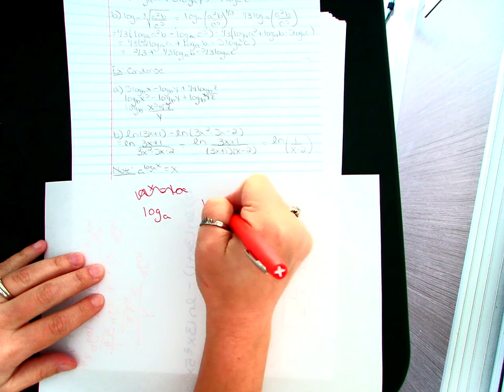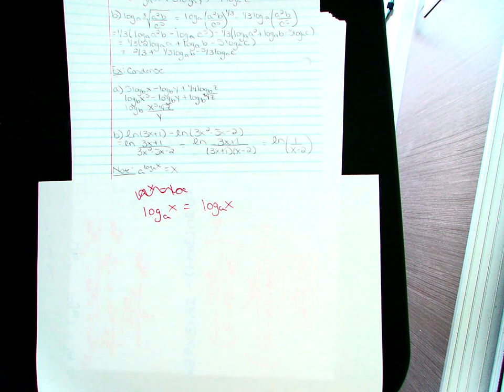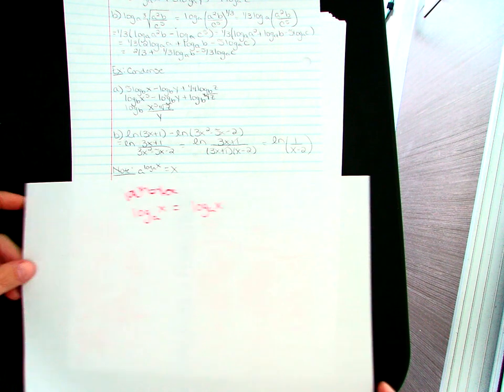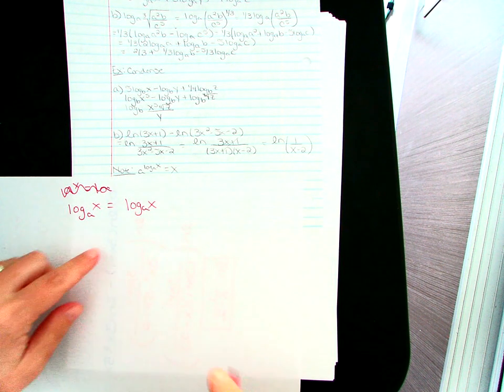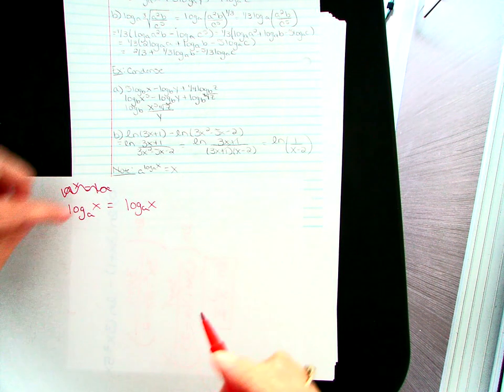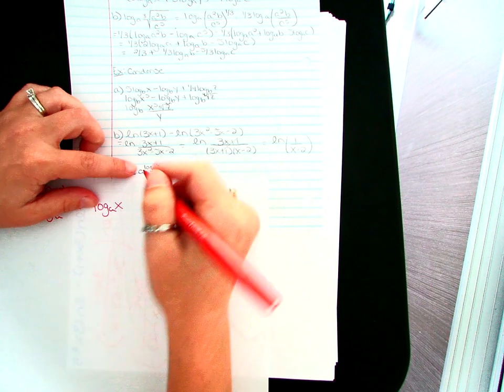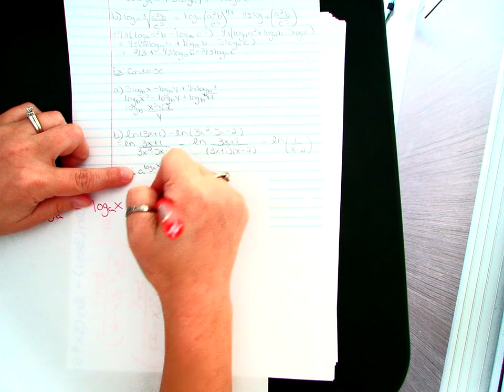Did you follow me on what I just did? Kind of proving why this works. So remember, when we go from logarithms to exponentials, that's the base becomes the base, the answer becomes the exponent thing. So if I'm going from an exponential into my logarithmic form, then the base of my exponential becomes the base of my logarithm.